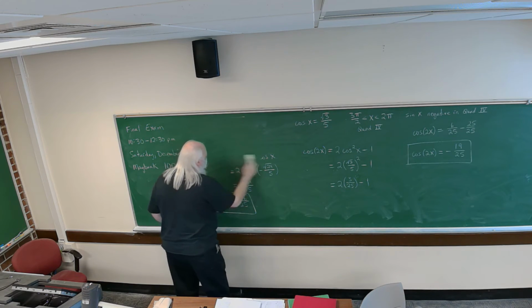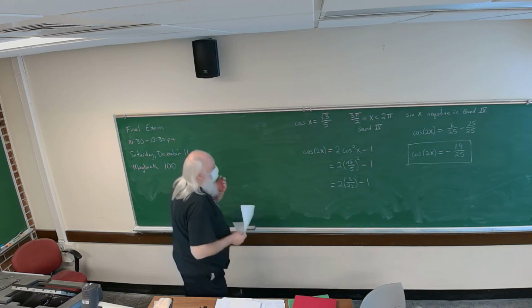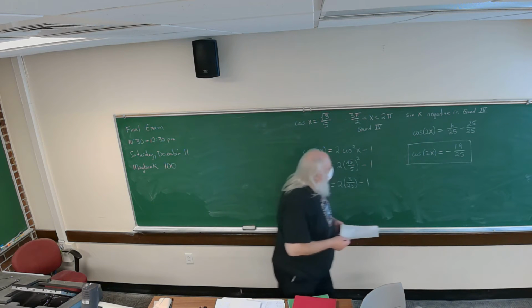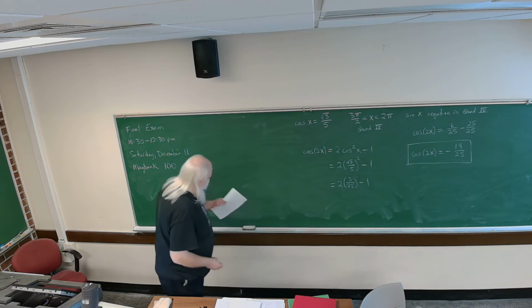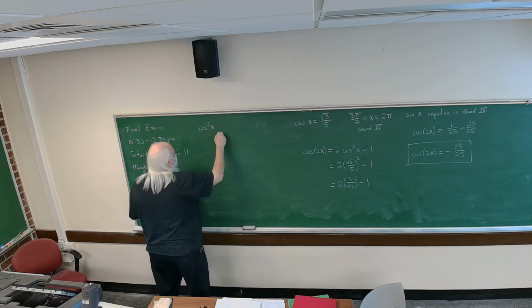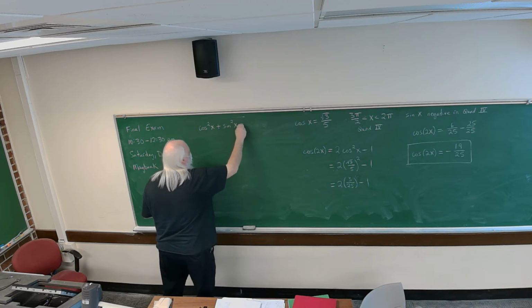Now we got to find the sine of 2x. And to do that, we got to figure out what sine of x is equal to, but we know it's negative in quad 4. So using the Pythagorean identity, cosine of x squared plus sine of x squared is equal to 1.